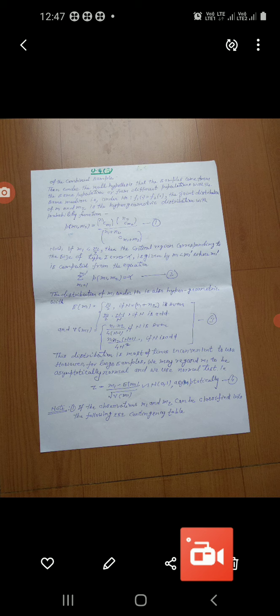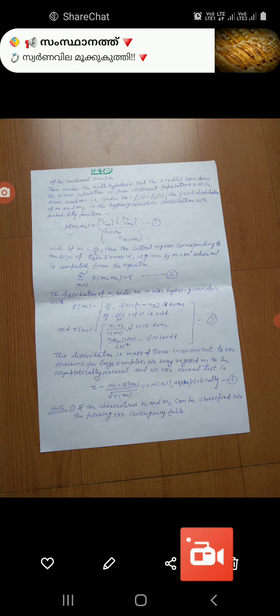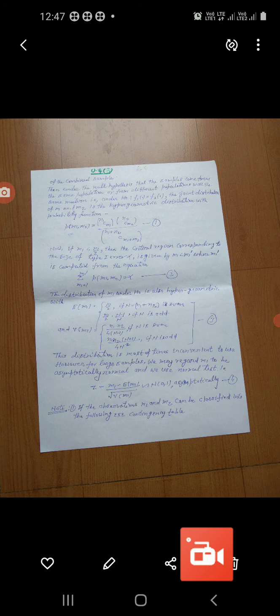is the hypergeometric distribution with probability function p(m1, m2).